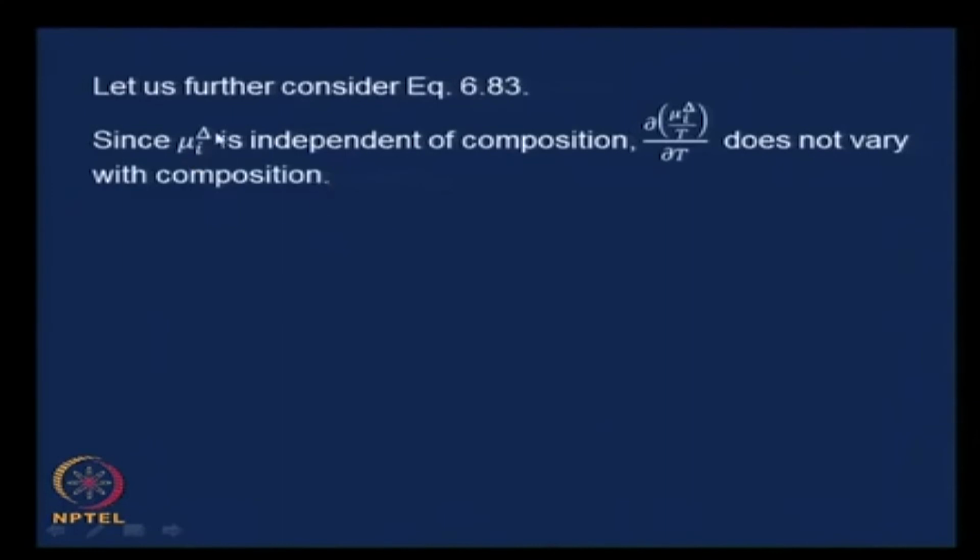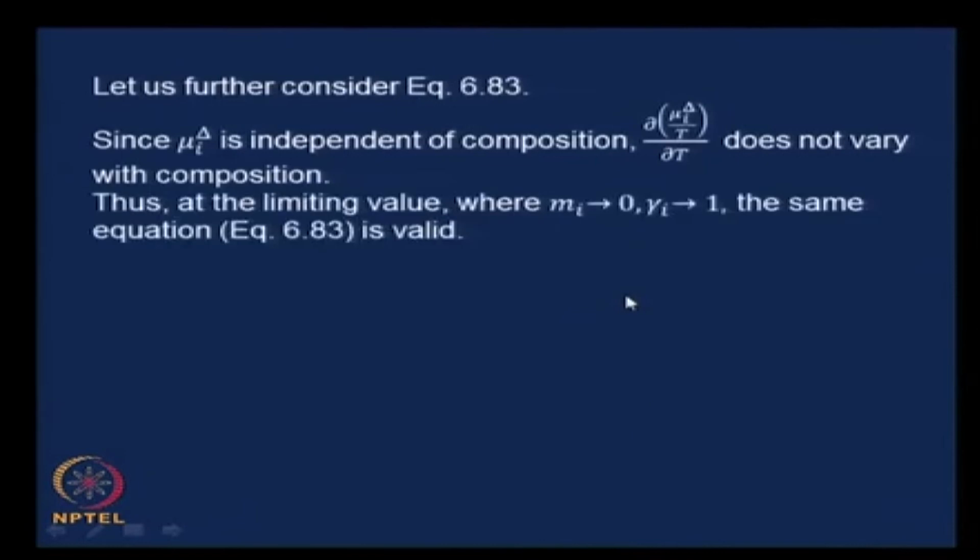Note that μ_i^Δ is not dependent on composition, therefore ∂/∂T of μ_i^Δ/T does not vary with composition. Follow this argument a little carefully, we have done this argument earlier too. At the limiting value where the molality has gone to 0 and gamma has gone to 1, the same equation 683 is valid.